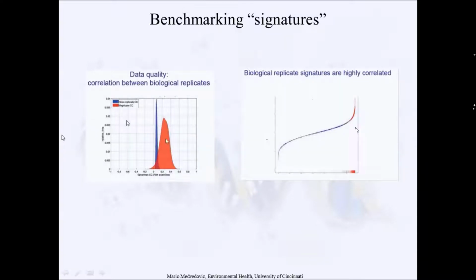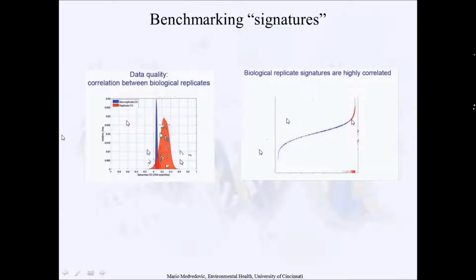And I kind of borrowed two of his pictures from last week. One of the criteria is that each replicate has to have a certain level of correlation, and their cutoff is Spearman correlation of 0.25.